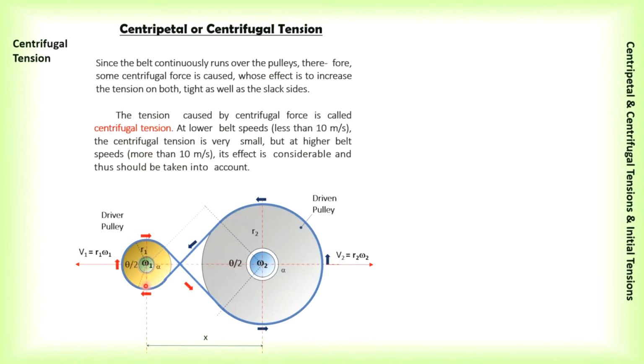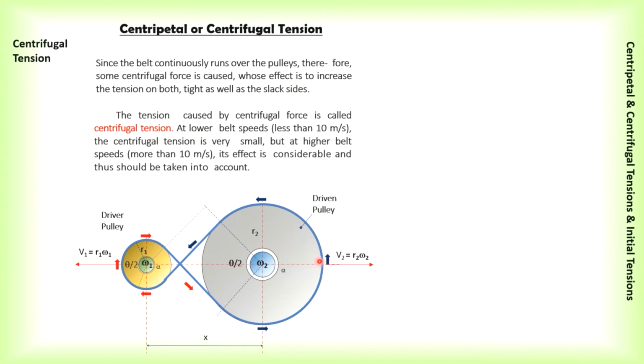When the belt continuously runs over the pulley, it exerts a pull acting outwards. Acting inwards is called centripetal; acting outwards, you can call centrifugal. What happens is that it tightens the tension on the tight side as well as on the slack side.